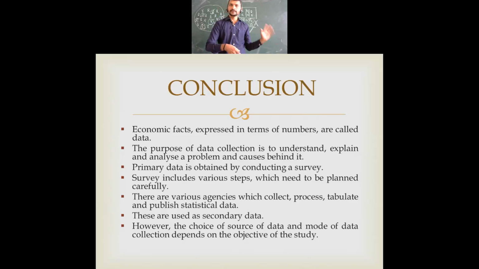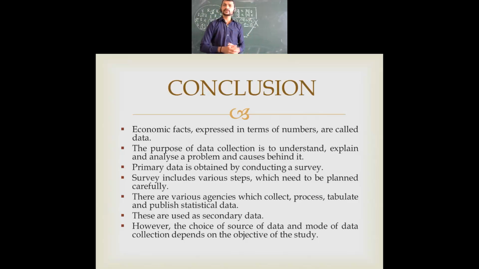Most probably whatever the agencies like Census of India, then National Sample Survey Organization, then Bureau of Labor publish every year, that information which has been presented by them, we call it secondary data over here. And however, the choice of sources of data and mode of data collection depends on the objective of the study. As we came across in this whole chapter, we saw all these things.